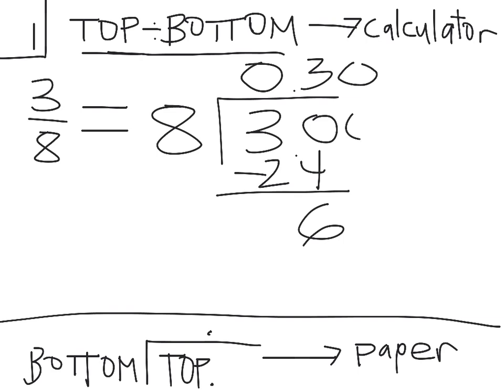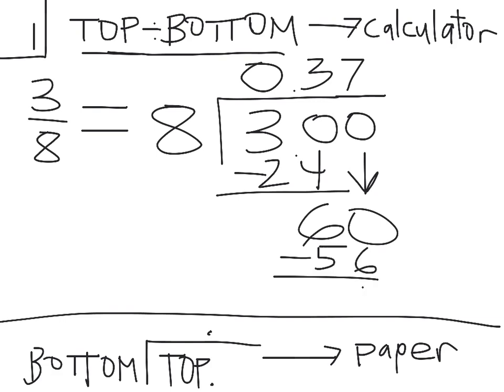I'm going to drop a 0. 8 goes into 60 7 times, which gives me 56, and then I subtract, I get 4, and 8 goes into 40 now, 5 times exactly, so you end up with nothing left.